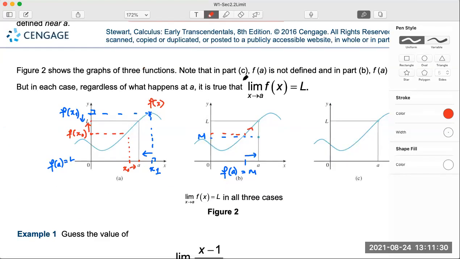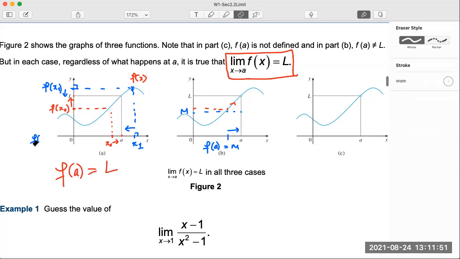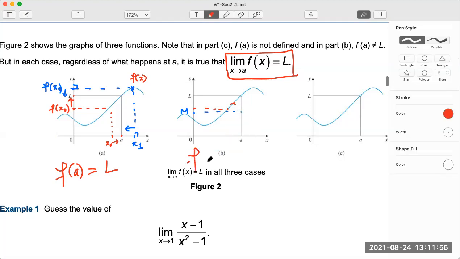And the limit of f of x when x approaches a is always equal to L in these two cases here. In the first case, f of a is equal to L. In the second case, f of a is equal to the value of this solid point. Let us call it M in this case.